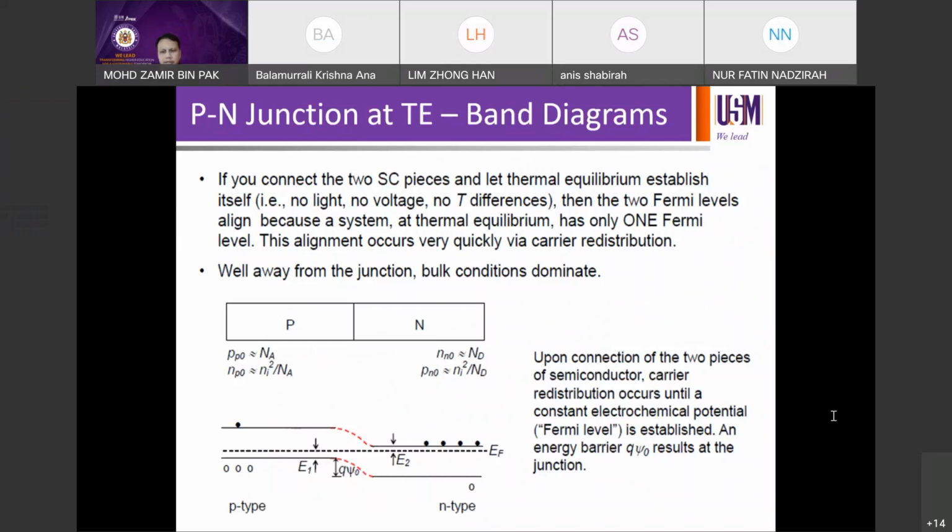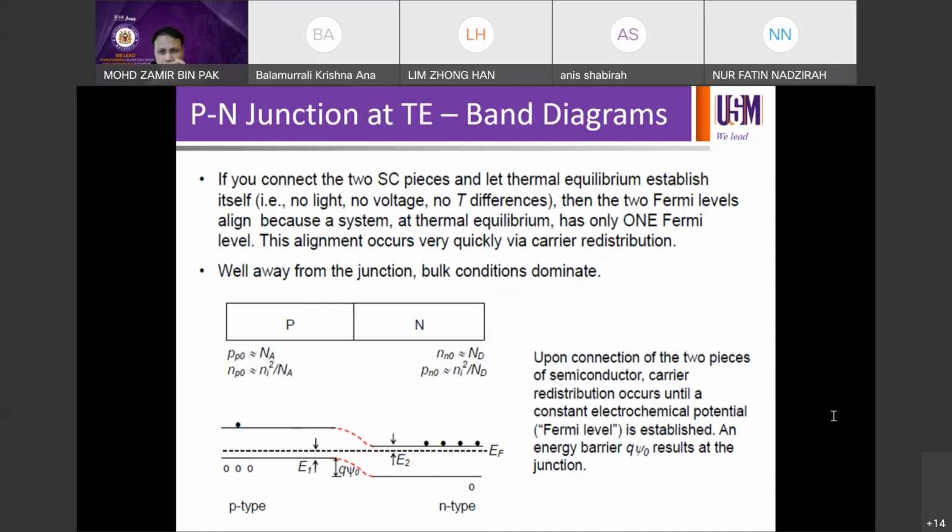Right, in our previous class, we discussed the formation of the PN junction. We learned that to form a PN junction, we bring a P-type semiconductor material on one side and an N-type semiconductor material on the other side together to form a metallurgical interface, where the contacts of the P and N materials meet.